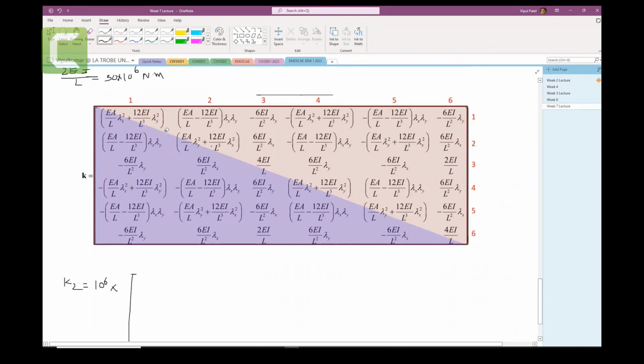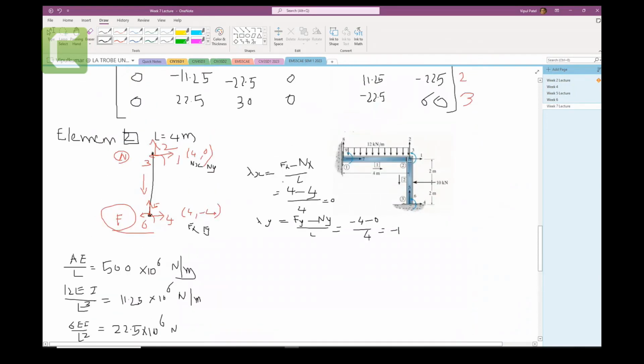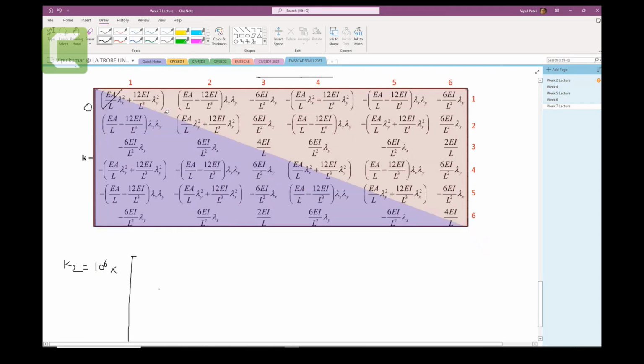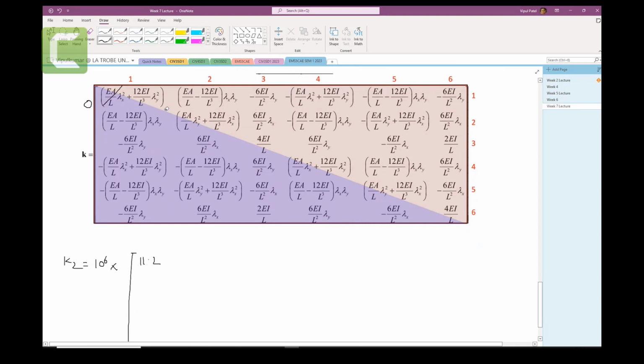Now in here, lambda y is minus 1 and lambda x is 0. So we put 0, and 12 EI on L cubed, which is 11.25. Lambda x is 0, so that is 0. Lambda y is minus 1, so we make it positive, so 22.5 positive, because minus minus is positive. 6 EI is 21. Lambda x is 0 and this is minus.